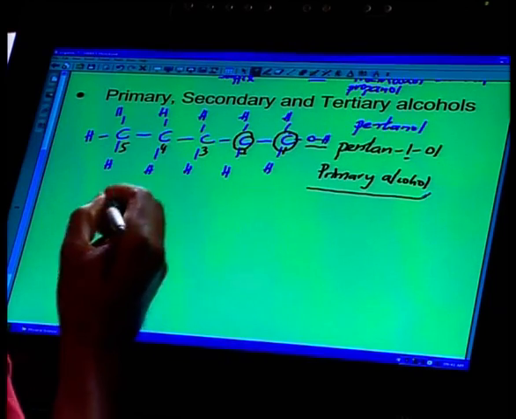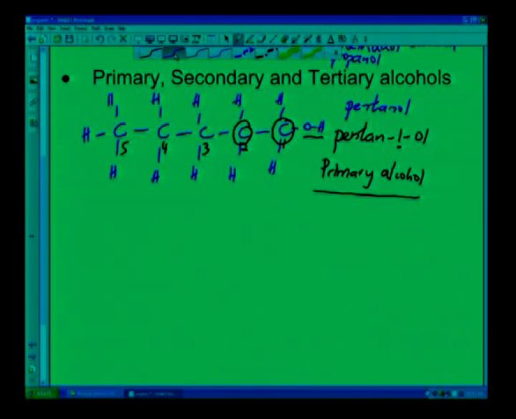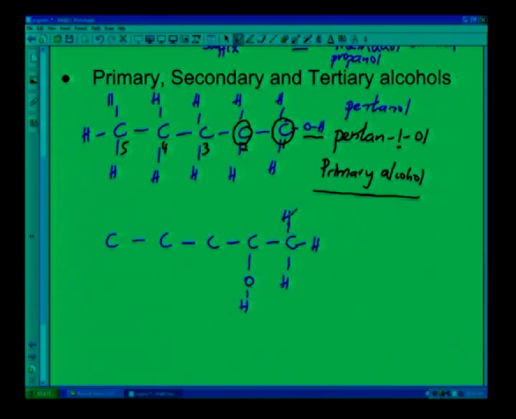Now, if we were to move on and begin to talk about secondary alcohol, how will a secondary alcohol differ from the primary alcohol? Say, for example, we have our pentanol in this way. So I still have my 5 carbon atoms, and I have my OH bond here, and then I have my hydrogens around the carbon atoms.